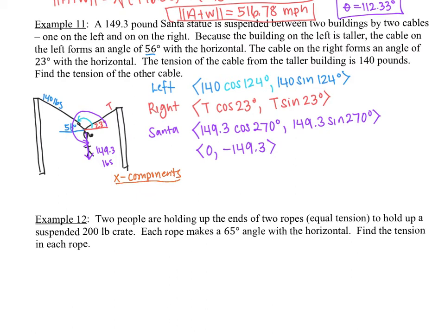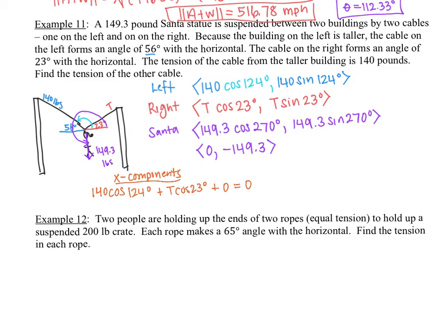So if I just look in the x direction, 140 cosine 124 degrees plus the x component of the right plus the x component of Santa should add up to 0, because no one is moving in this situation. I could actually solve for the tension using just this one equation.